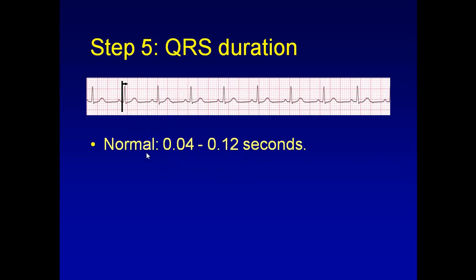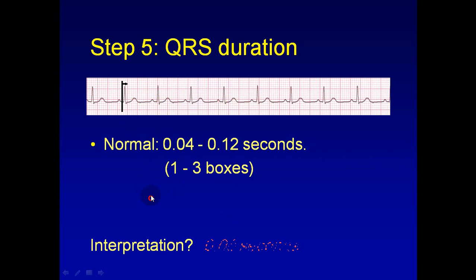Then look at whether the QRS complexes look alike in shape and whether the duration is normal. If a QRS complex is preceded by a P wave, which is important, calculate its duration. It is 2 small squares, so it is normal.